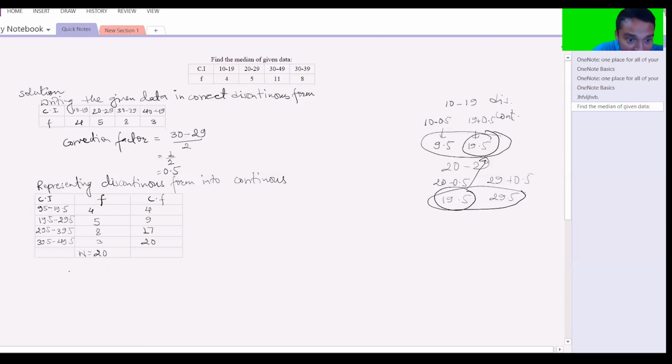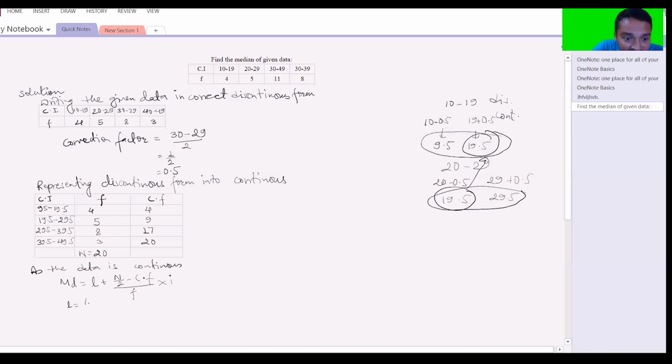The median, when the data is continuous, is calculated by using the formula L plus (n by 2 minus CF) over F, into I. Now see, L is the first term, and (n by 2 minus CF) over F into I is the second term. They are two different terms.